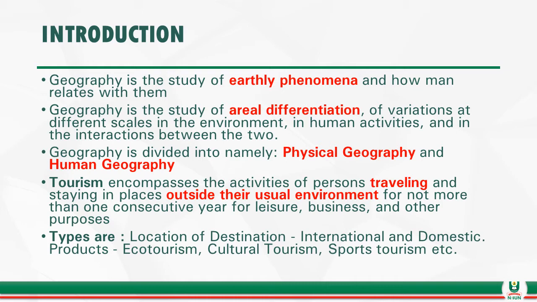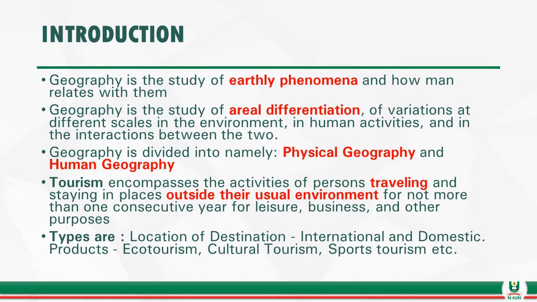And I told you tourism can be divided into as many categories as possible using 2 different parameters: the location of destination and the products you are meeting at destination. For the purpose of location, you have 2 types. You have the international tourism and the domestic tourism. From that word international, it means moving out of your country.